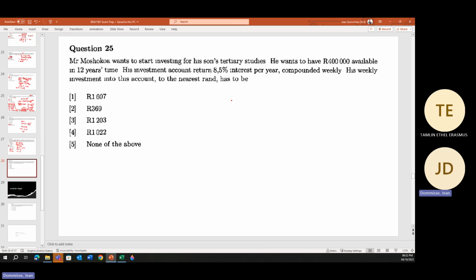Okay, so his future value that he wants is 400,000. He wants to have that in 12 years. His interest account return is 8.5% per year, compounded weekly.